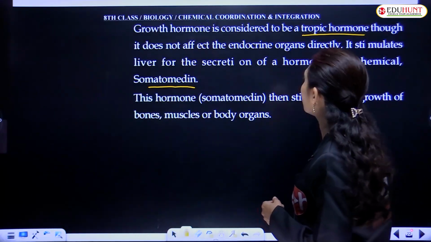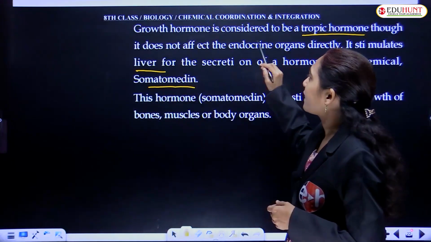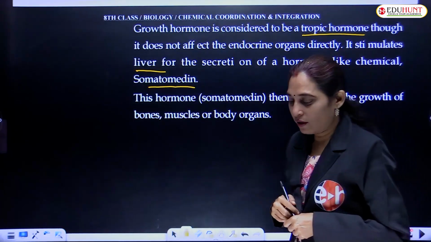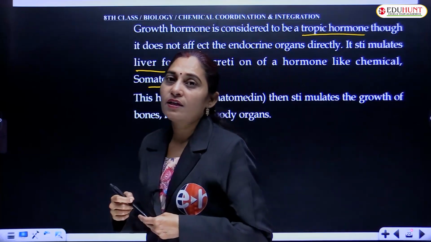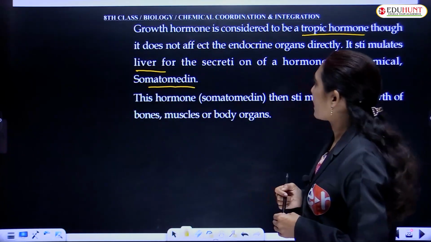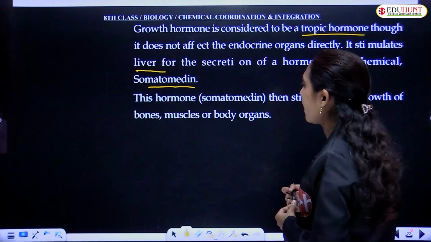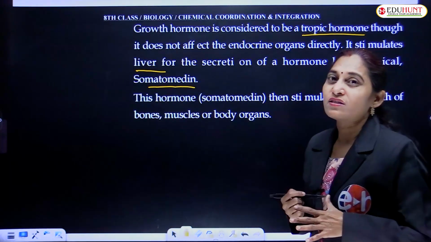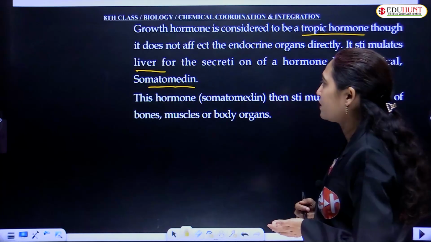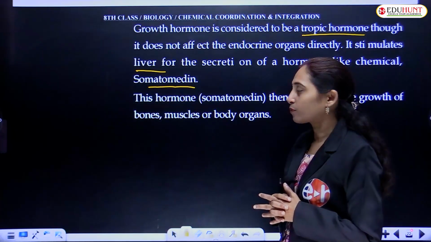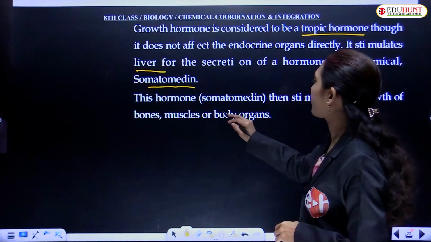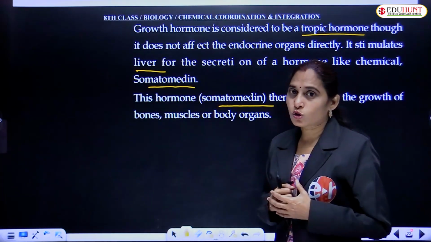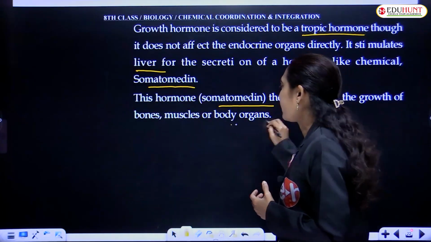These are released by the liver, which gets stimulated by the growth hormone. That is why, though it is not controlling the other glands, it is considered a tropic hormone, as it influences the liver to synthesize somatomedin, a growth promoting protein. This hormone somatomedin then stimulates the growth of muscles, bones and body organs.